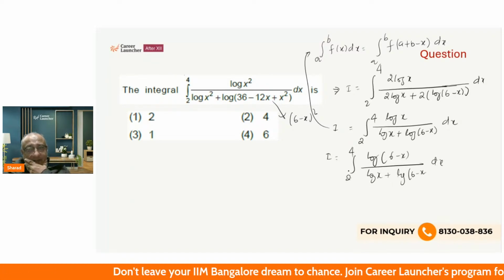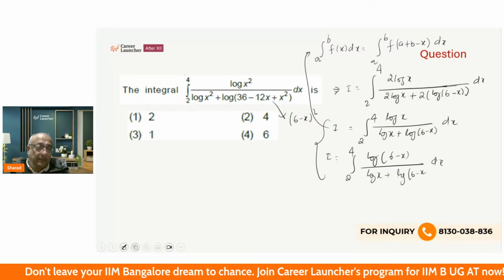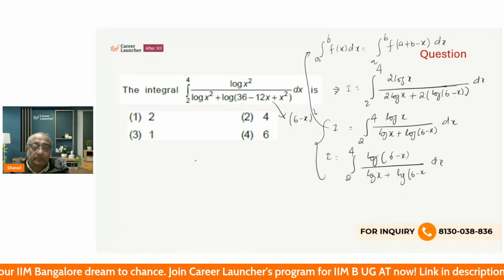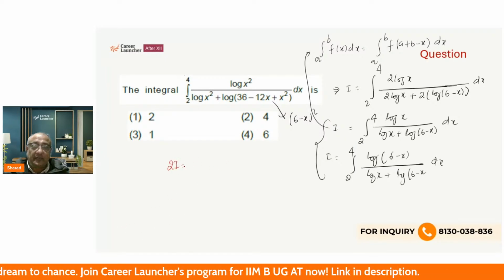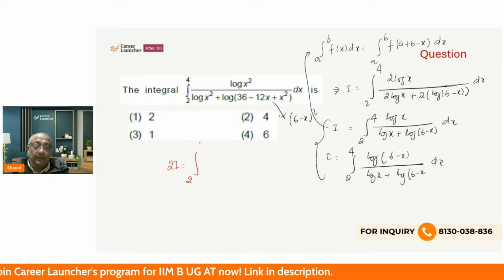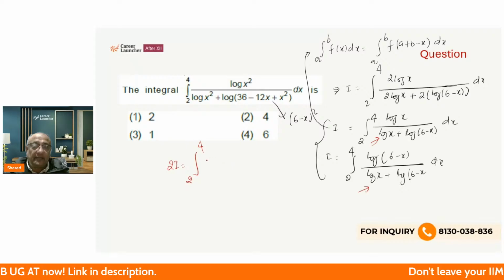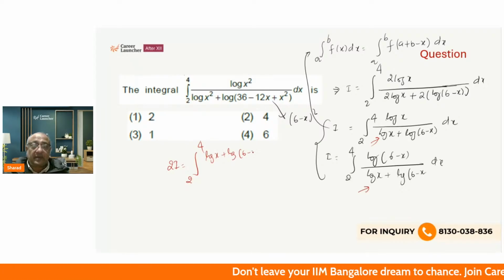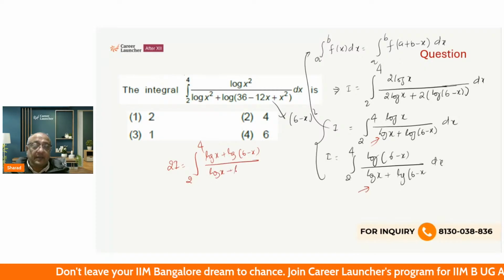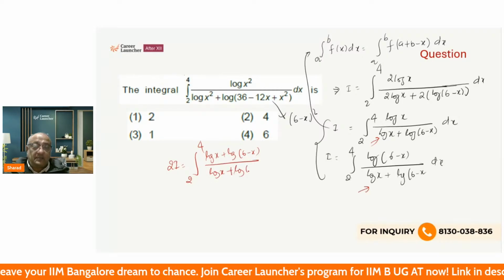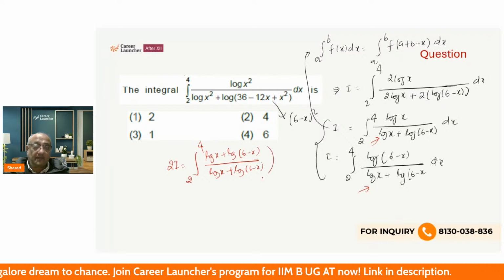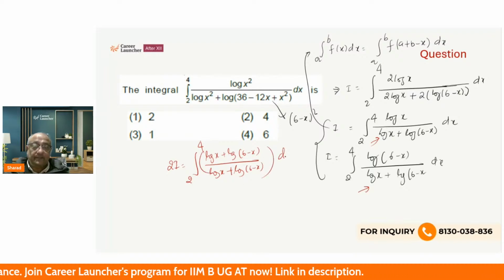So now what do we do? Add these two. Let me use a different color of pen. If I add these two, I'll get 2I. Integral from 2 to 4. Since the denominator is the same in both, on addition I'll get log x plus log of 6 minus x upon log x plus log of 6 minus x dx.